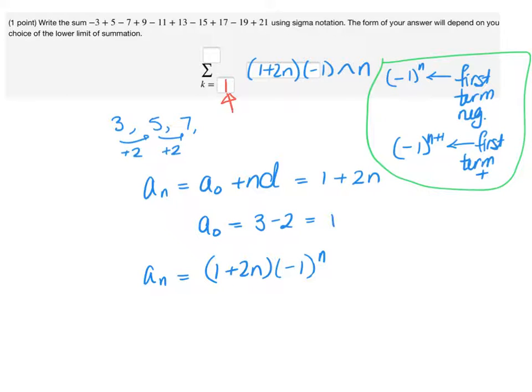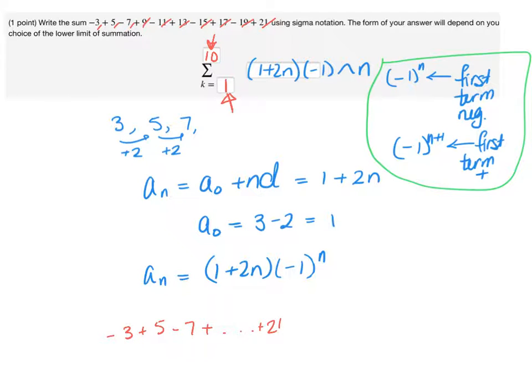Now I need to figure out where I'm going to end. The way I figure out how many terms I have, I can just count them if I don't have the ellipses in there. How many terms do you see? 10. Okay, so that's where you end. If you had those ellipses, say -3 plus 5 minus 7 plus ... and then 21 plus 21, then that's a different story.